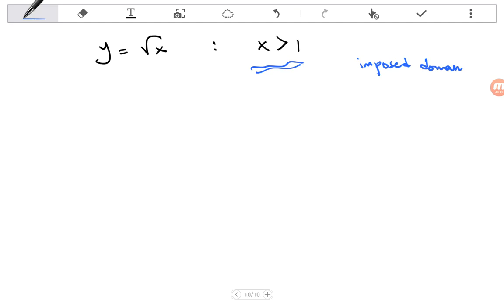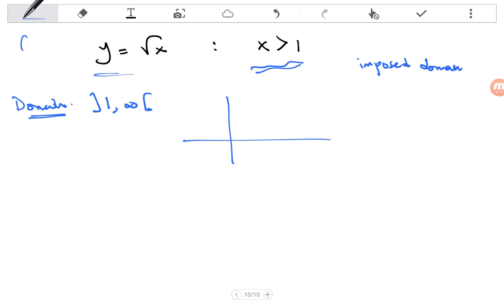That is an imposed domain. That's my definition of this function. Okay? So how do we give a graph of this function? What is the domain of this function? It is from 1 to infinity. Is 1 open or closed? It is open, like this.